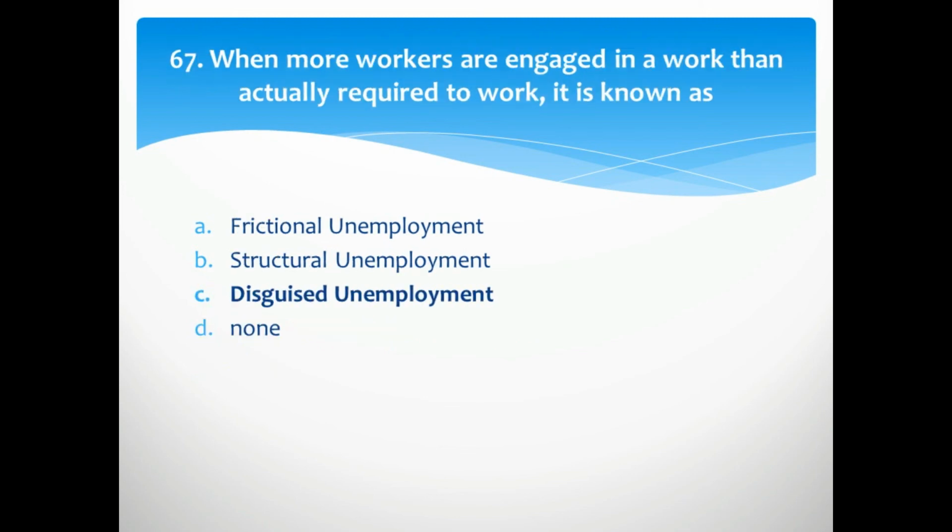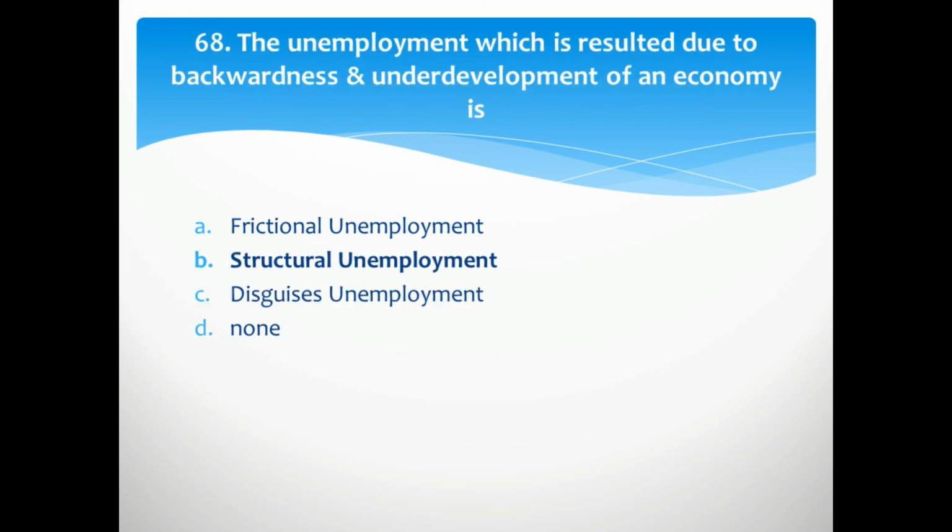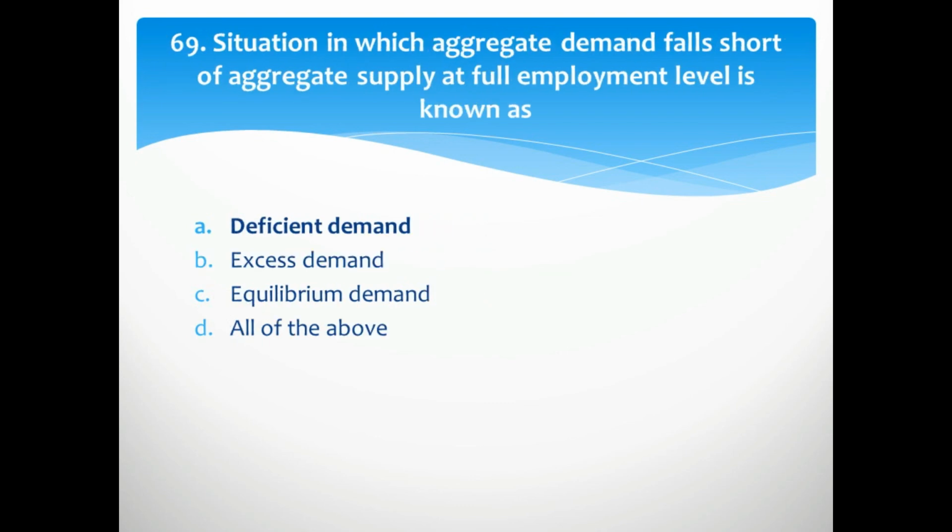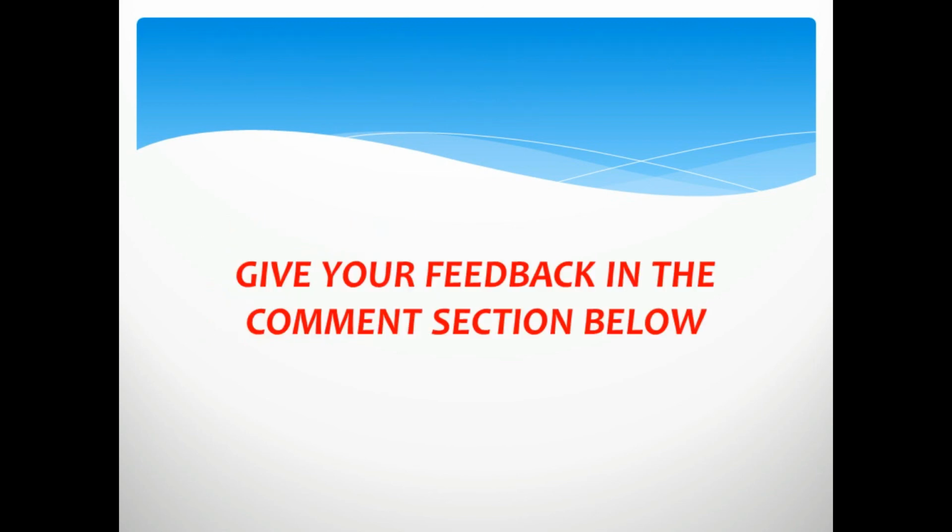When more workers are engaged in work than actually required, it is known as disguised unemployment. The unemployment resulting from backwardness and underdevelopment of an economy is known as structural unemployment. The situation in which aggregate demand falls short of aggregate supply at the full employment level is known as deficient demand. The right option is A1.